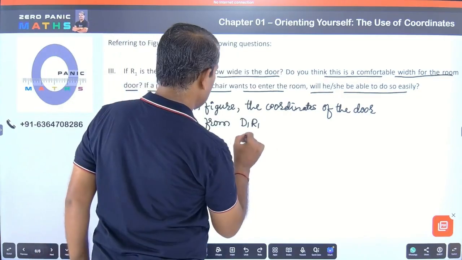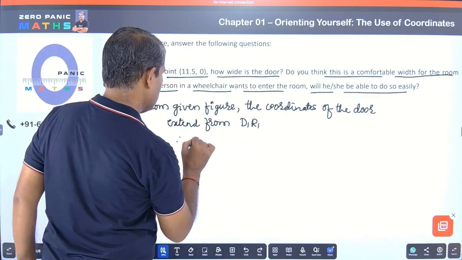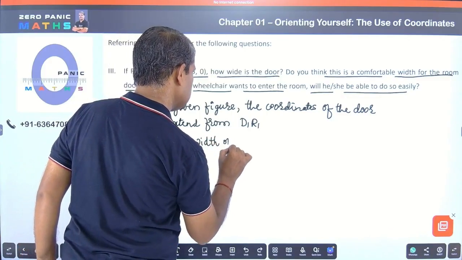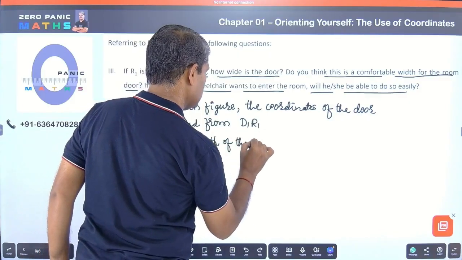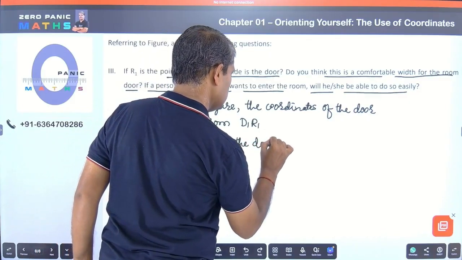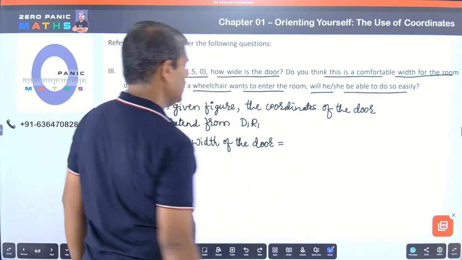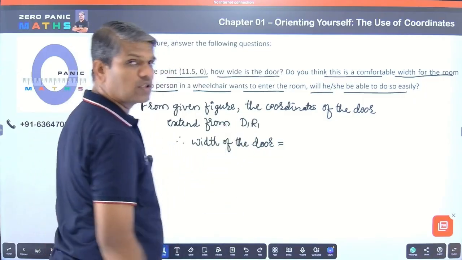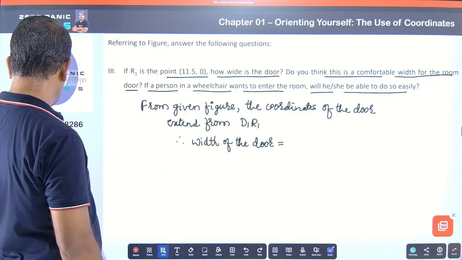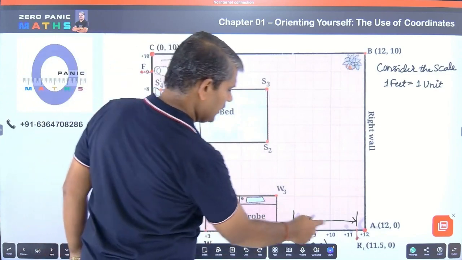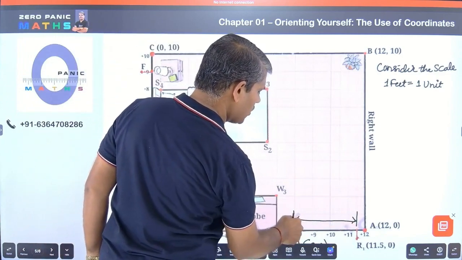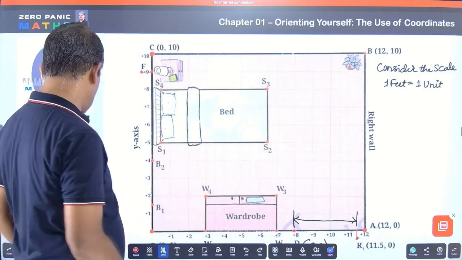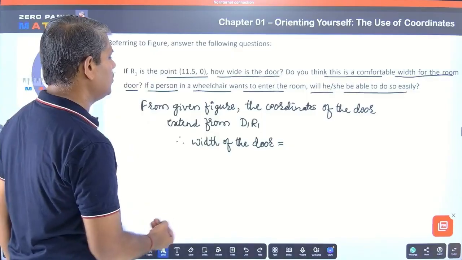Therefore the width of the door is equal to x coordinate of R1 minus x coordinate of D1. That's all right. It is the x coordinate of R1 and of D1 itself, because the y coordinate value is 0 here.